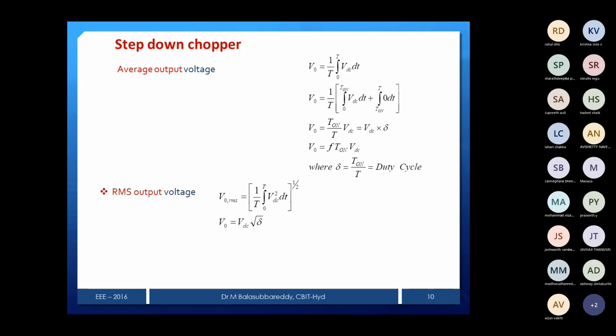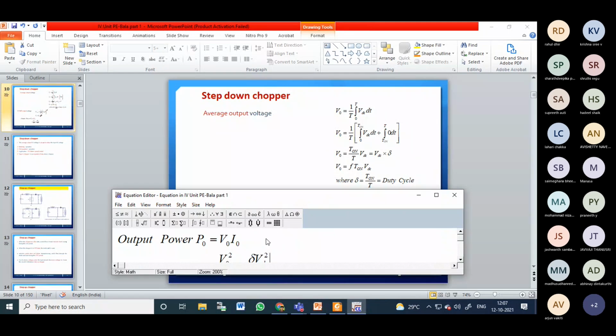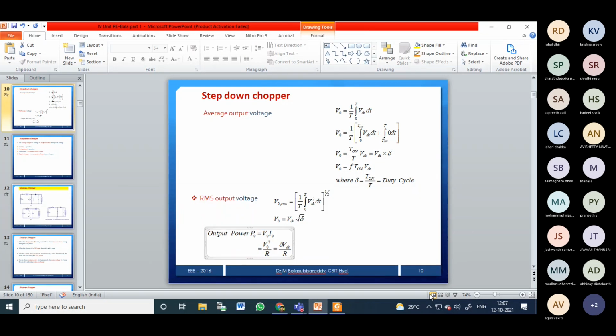And then the output power is V out into I out, or V out square by R. V out is VDC into root delta, that is VRMS. You can make use of this, but you can remove the root because it is not RMS.